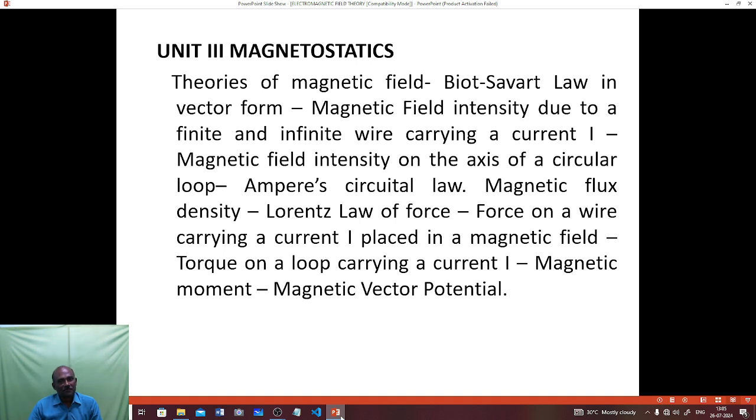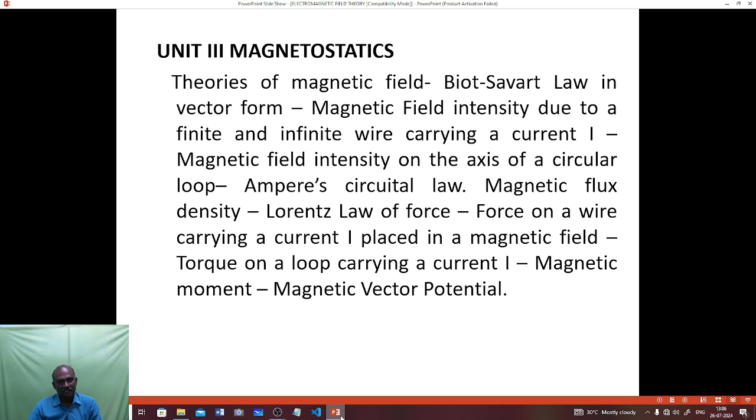In which, as in Coulomb's law of electrostatics, here we are going to study the Biot-Savart law, which tells the force between two current carrying conductors. Analogous to electric field intensity in electrostatics, here we are going to see the magnetic field intensity due to a current carrying conductor.